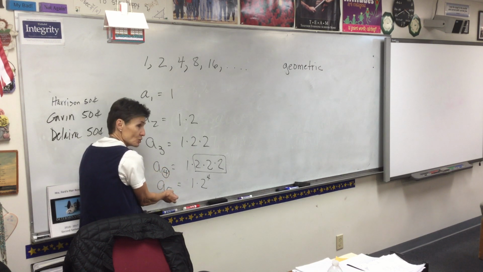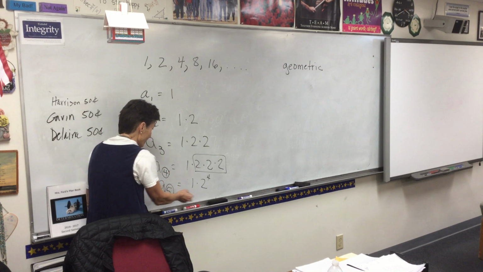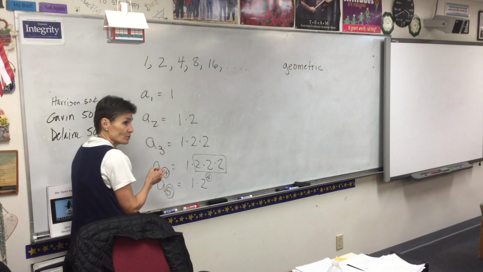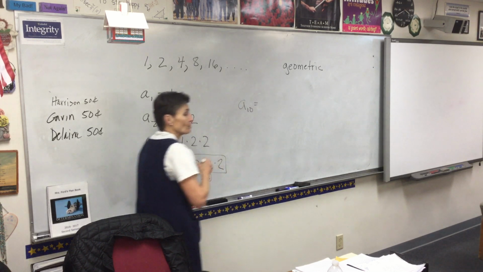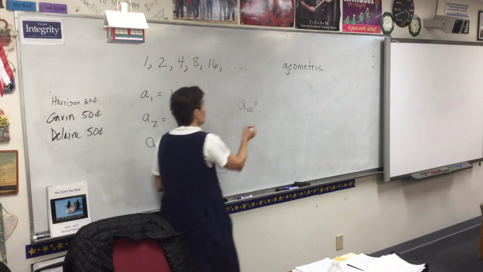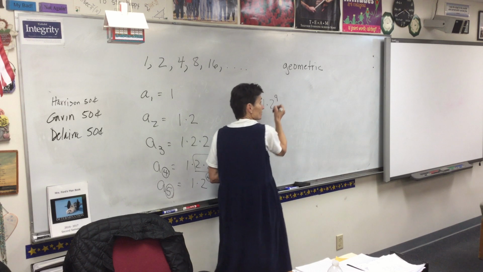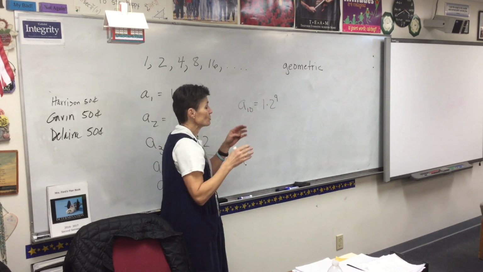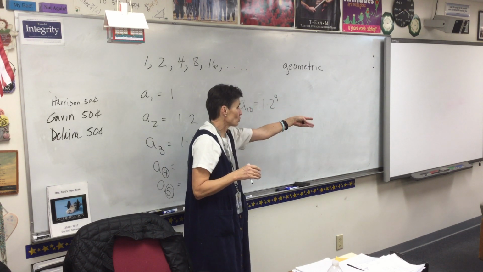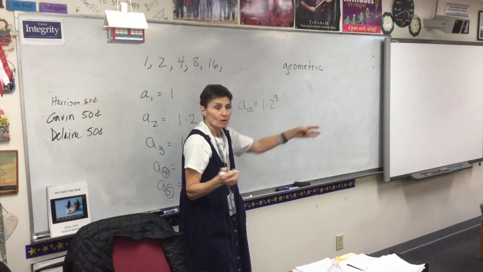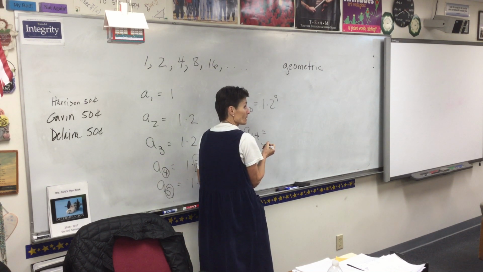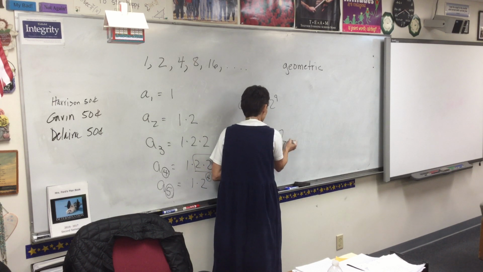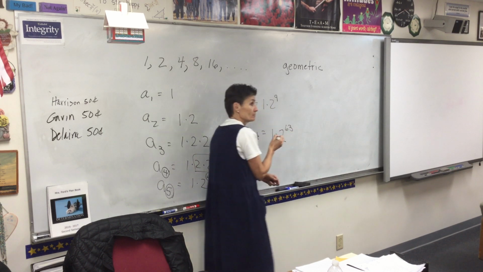So see the relationship between the term number and the number of 2's you have? So what would the 10th term be? It'd be 1 times 2 to the 9. Well, we're interested in the 64th square of the checkerboard. So the 64th term will be 1 times 2 to the 63rd.